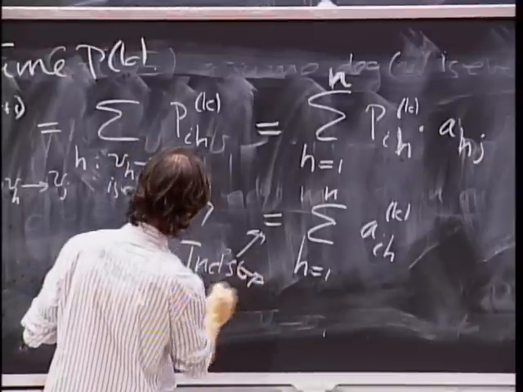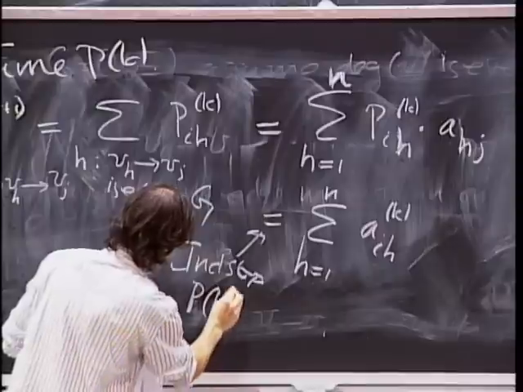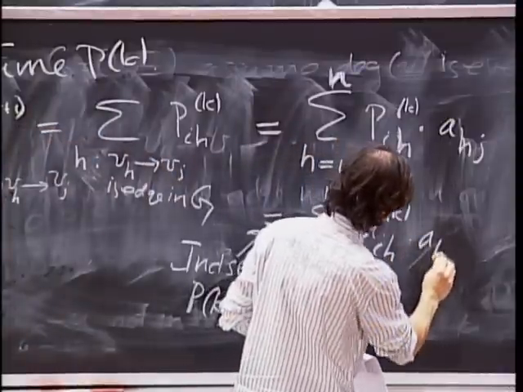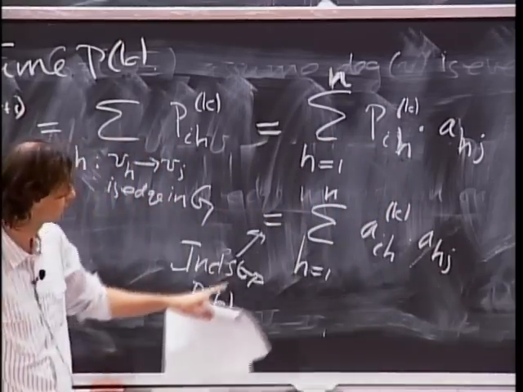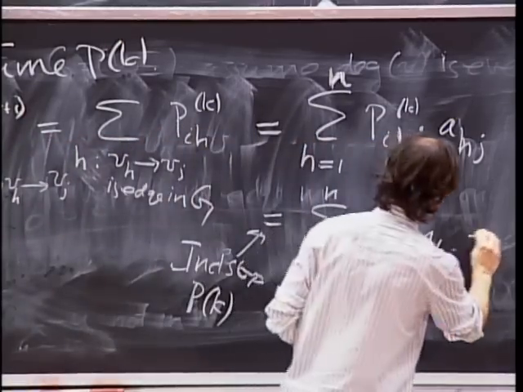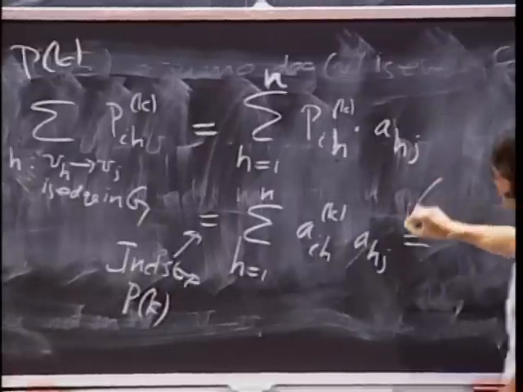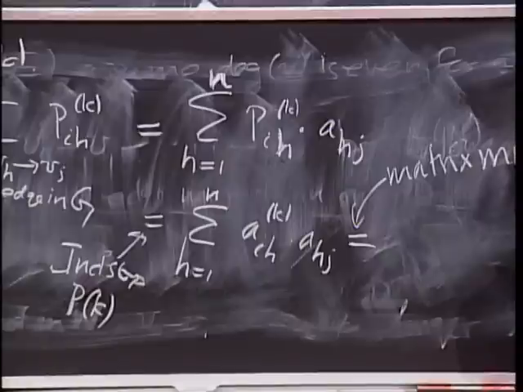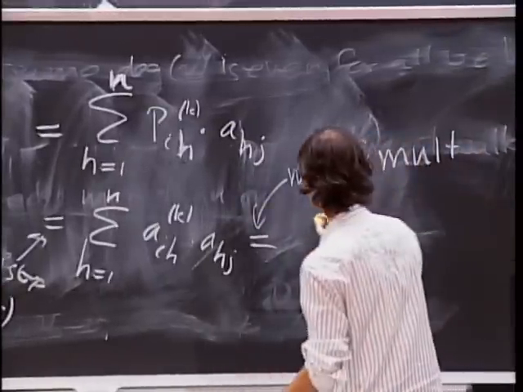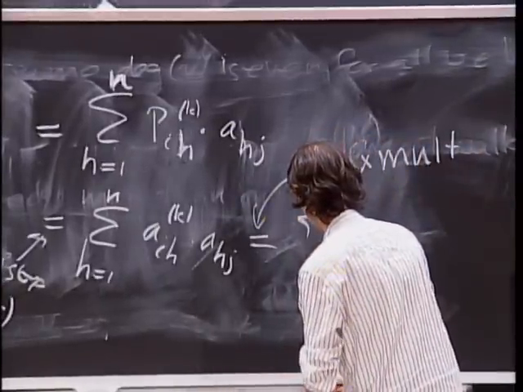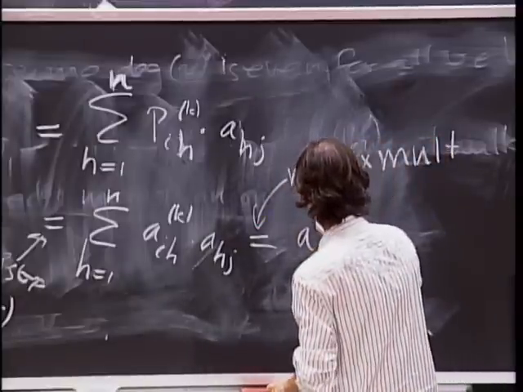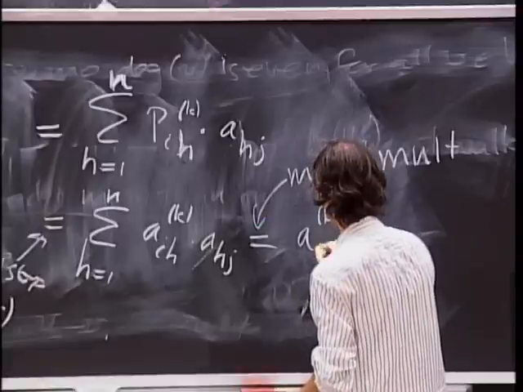So it's like we assume P(k) over here. And I need to finish this formula. So we have this. Now by the definition of matrix multiplication, we actually see that this is equal to A^(k+1)_ij.